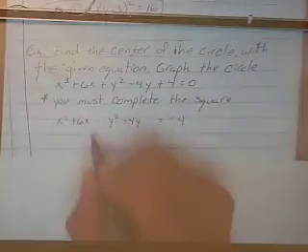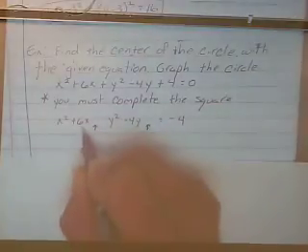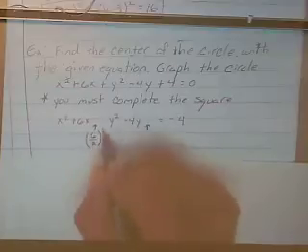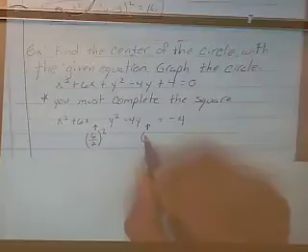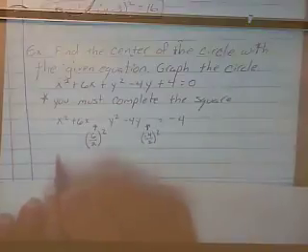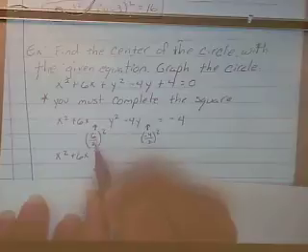To complete the square, you take this middle term, divide it by 2, and square it. So when we do that, we would have x squared plus 6x. 6 divided by 2 is 3, and 3 squared is 9.